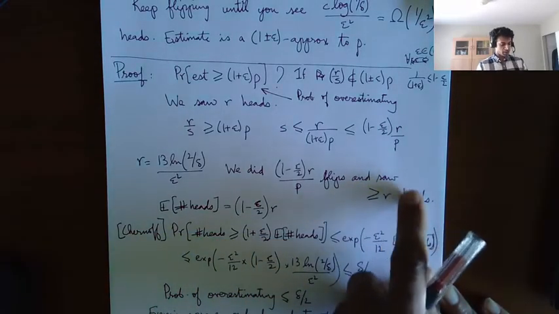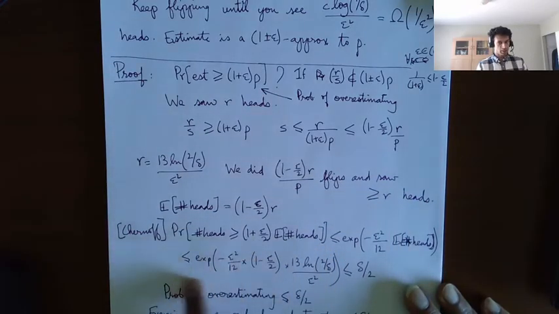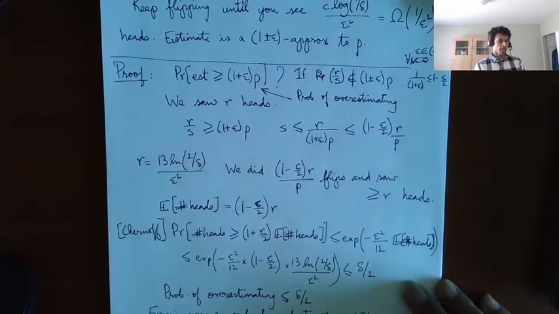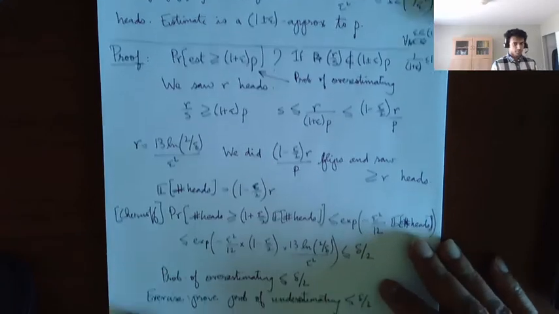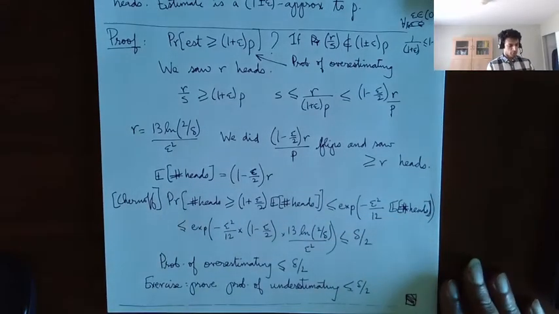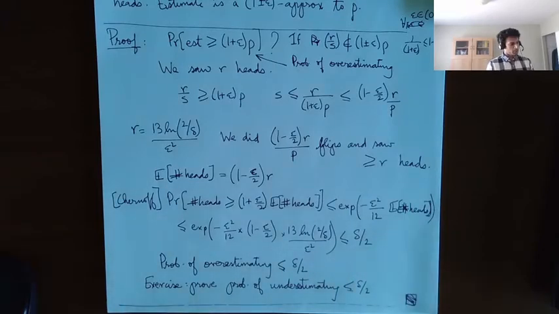That's what happens when you see R heads. Now you crank through the Chernoff bound and you get your probability bound, which gives you the probability of overestimating. You use a similar tail bound, the lower tail bound, and you can also get the probability of underestimating. Any questions?